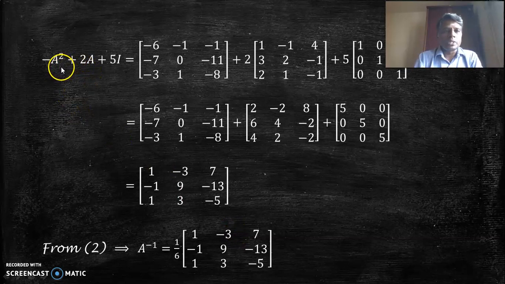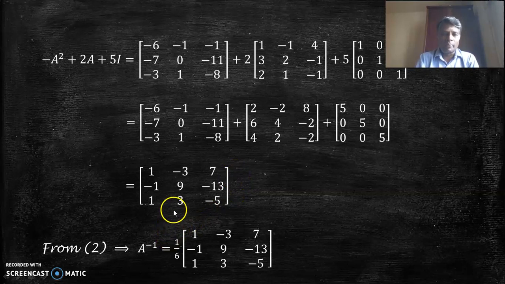So the expression minus A square plus 2A plus 5I reduces to 1 minus 3 7, minus 1 9 minus 13, 1 3 minus 5. From equation 2 we get A inverse equal to 1 by 6 into 1 minus 3 7, minus 1 9 minus 13, 1 3 minus 5. So this is the inverse of the given matrix A.